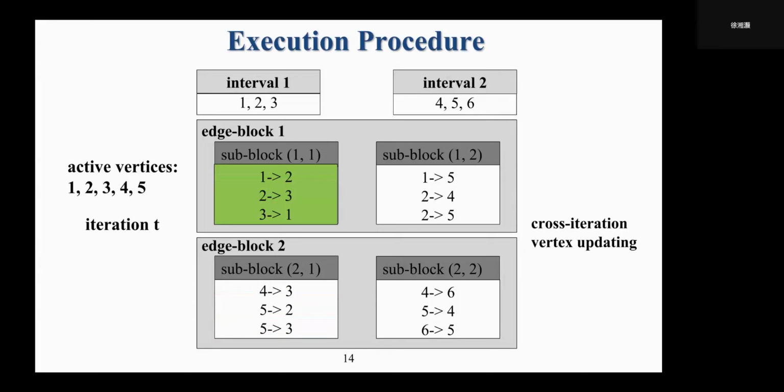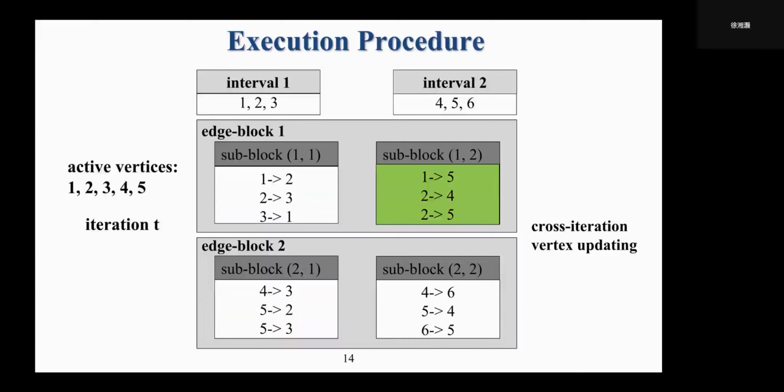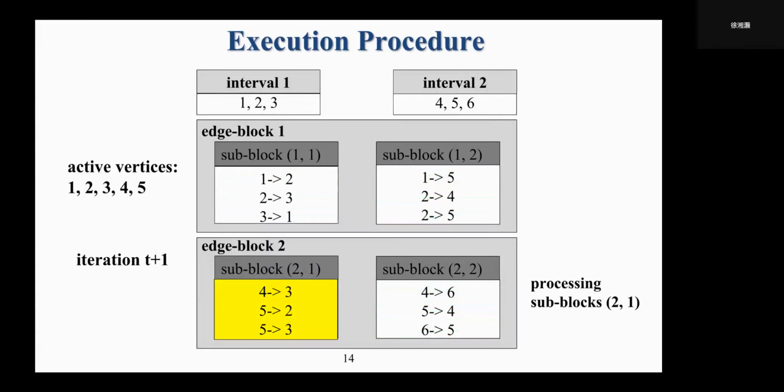GraphSD can exploit these newly updated vertices to perform cross-iteration vertex updating. In this example, subblock 11, subblock 12, and subblock 22 can enable cross-iteration vertex updating. While subblock 21 cannot support cross-iteration vertex updating, since its source vertices have not been fully updated in the current iteration when processing it. In iteration t plus 1, only subblock 21 is required to be loaded. Obviously, the I/O traffic can be greatly reduced.